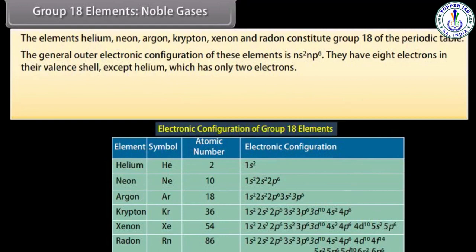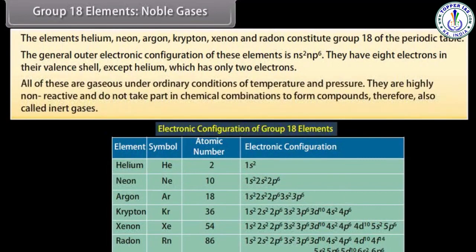They have 8 electrons in their valence shell except helium, which has only 2 electrons. All of these are gaseous under ordinary conditions of temperature and pressure. They are highly non-reactive and do not take part in chemical combinations to form compounds, therefore they are also called inert gases.